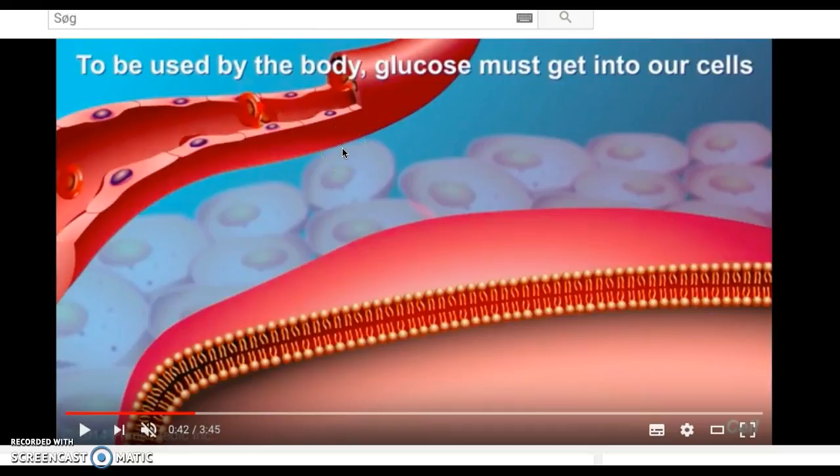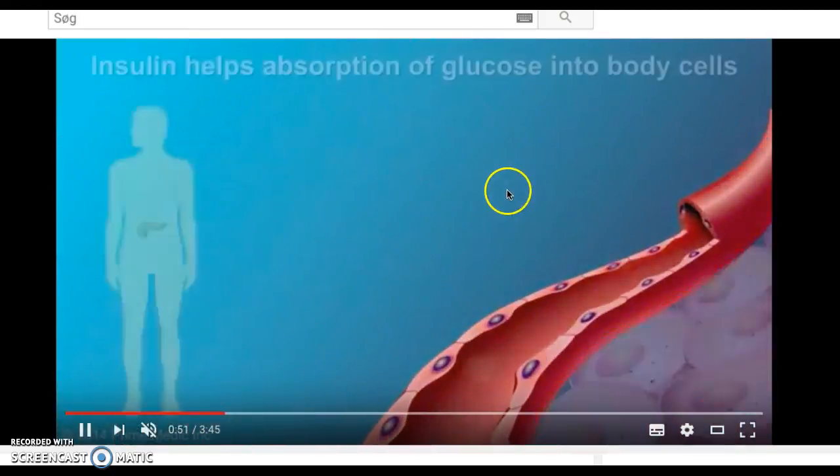When you eat, calories are broken down to glucose, as we see. We see the glucose in the blood, which goes down to the muscle cells. So we see a muscle cell right here, and the cell membrane and the glucose. The glucose isn't allowed into the muscle cell without the insulin. So we see here they aren't allowed in.